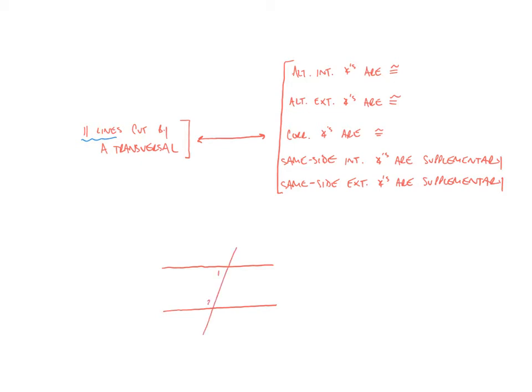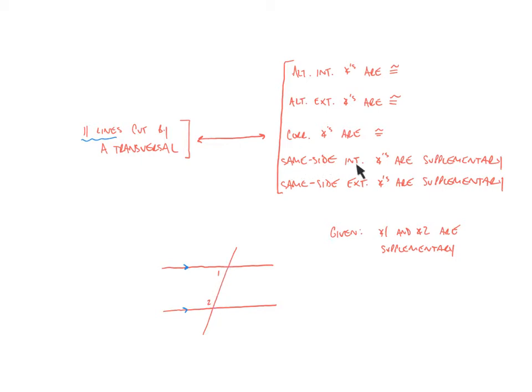Let's say we have 2 angles, 1 and 2, and you are given that angle 1 and angle 2 are supplementary. Well, that's enough for you to then prove that these 2 lines are going to have to be parallel, because these 2 angles here are same side interior angles.